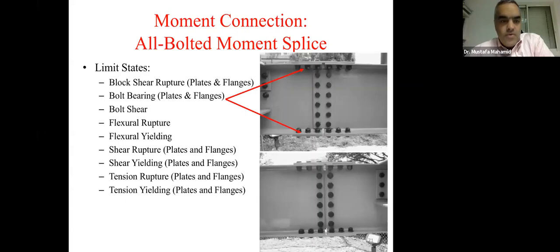In this, we have to check block shear rupture, bolt bearing, bolt shear, flexural rupture, flexural yielding, shear rupture, plates and flanges, shear yielding, plates and flanges, tension rupture, plates and flanges, and tension yielding, plates and flanges. Everything needs to be checked to make sure that the load can be transferred from one end to another.